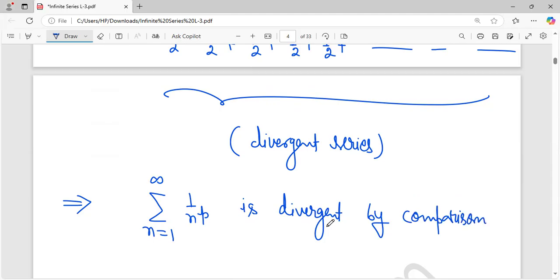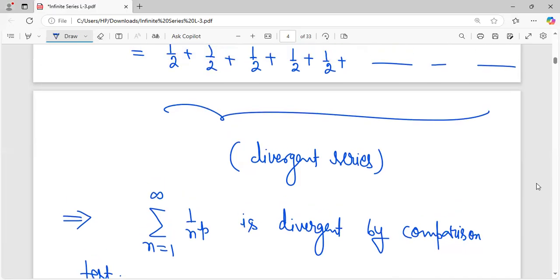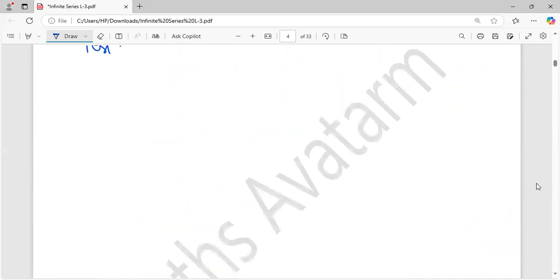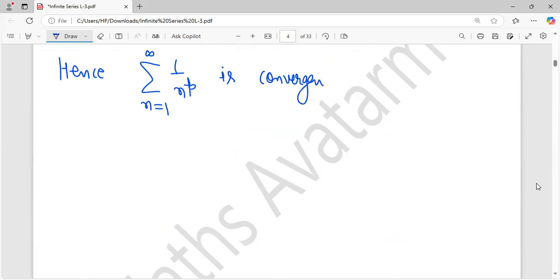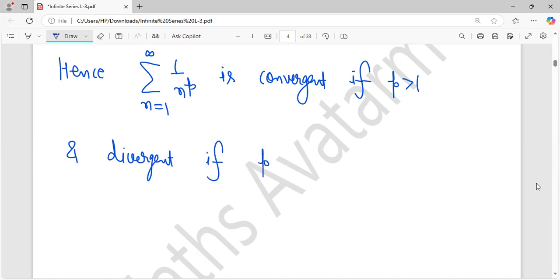Hence the auxiliary series, summation 1 to infinity of 1 upon n to the power p, is convergent if p greater than 1 and divergent if p less than or equal to 1. Okay, so this is done.